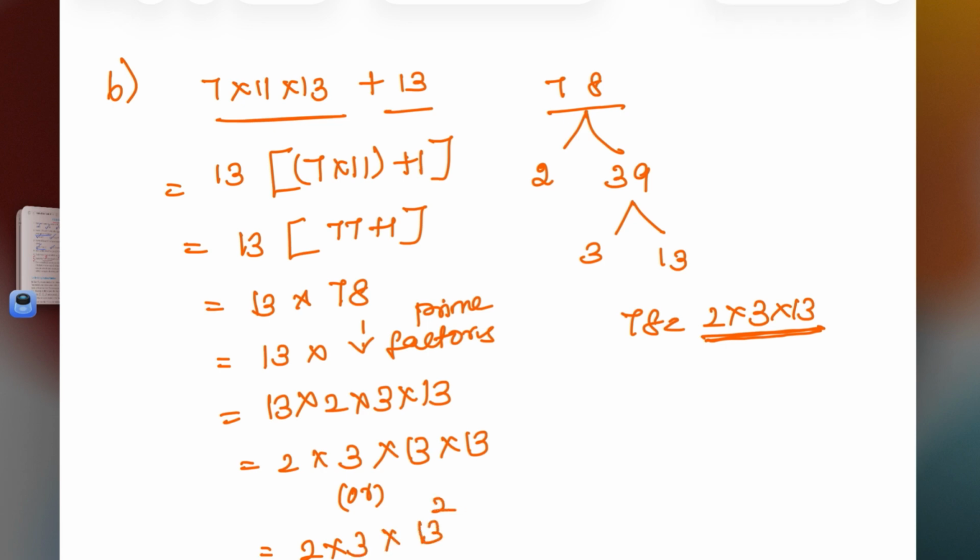So we can represent this in its prime factors form. So this is a composite number. We can conclude it like this. Okay, then we can move on to the next problem.